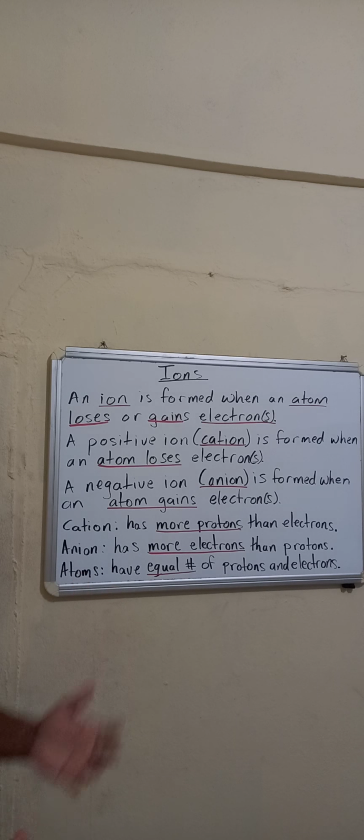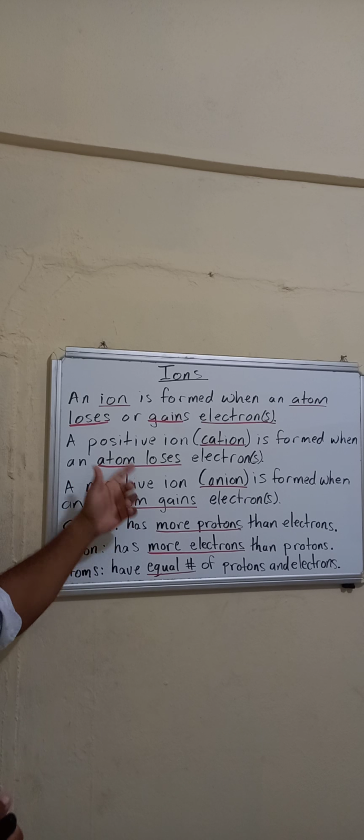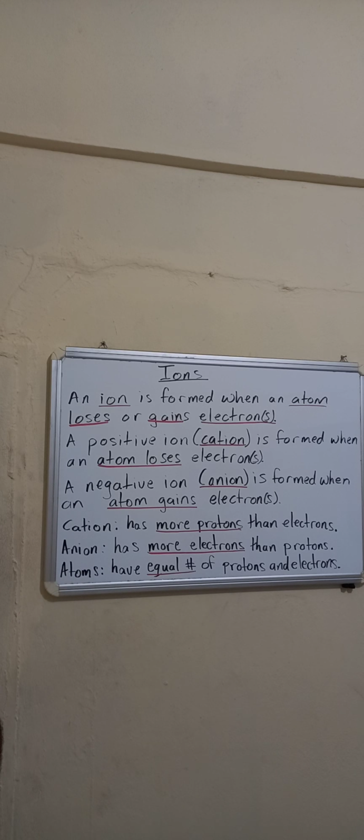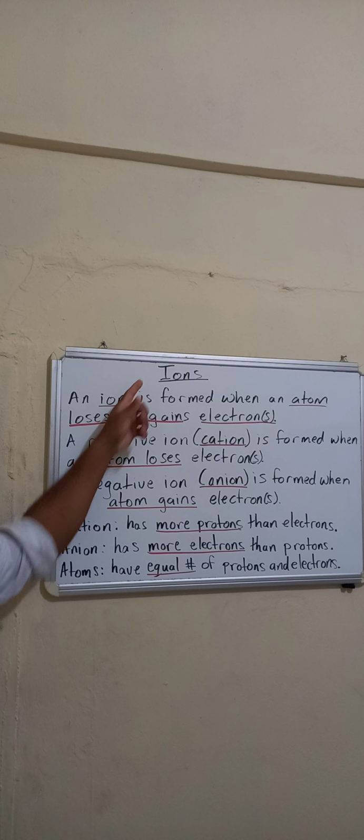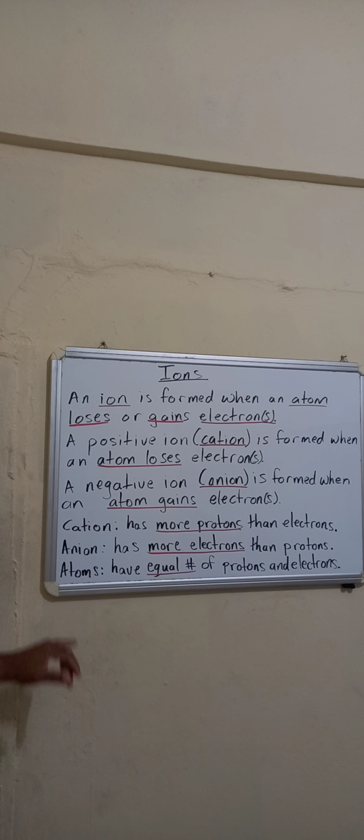So the net charge is negative. So when atoms lose electrons, they form positive ions, cations. When they gain them, they get an anion. That's a negative ion.